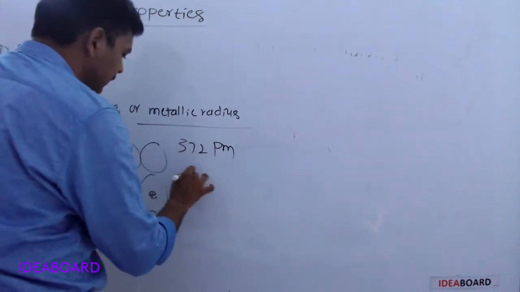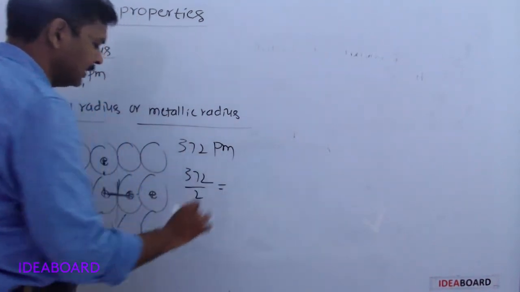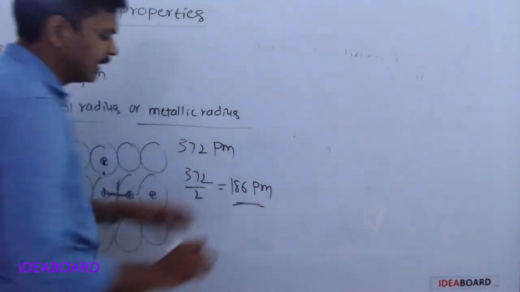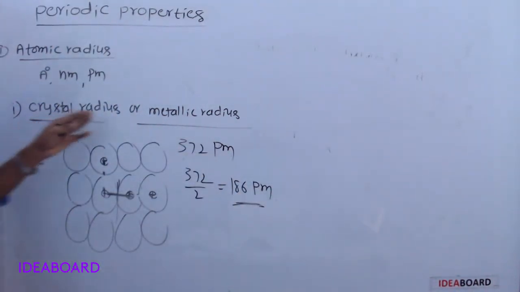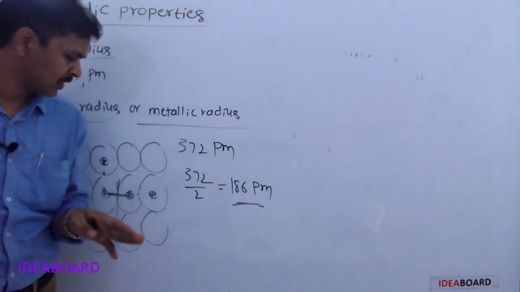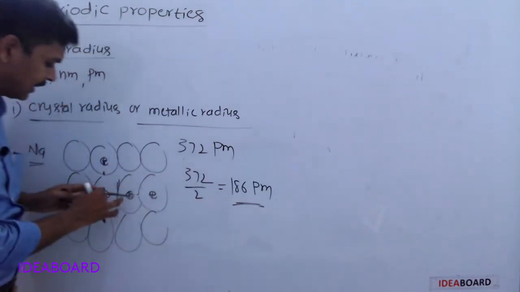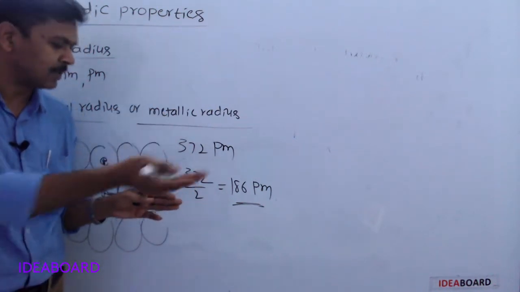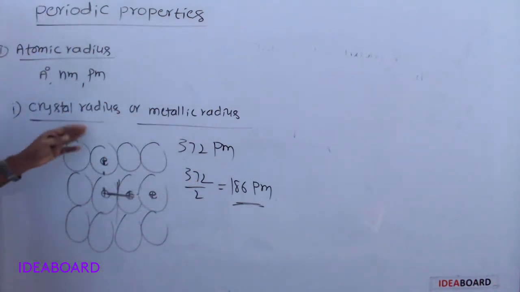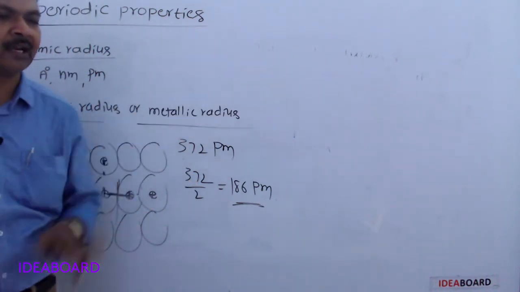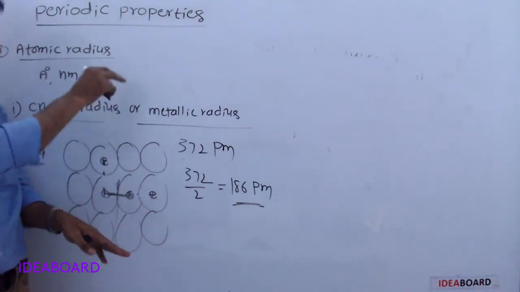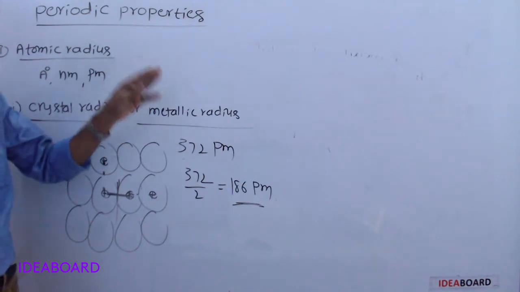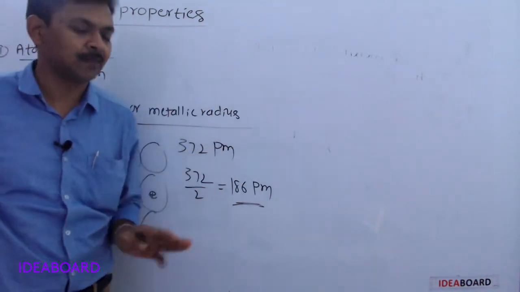Half of this means 372 by 2, that is 186 picometers. Crystal radius or metallic radius means half of the internuclear distance between two adjacent metal atoms in a crystal lattice. This crystal radius is applicable for metals.